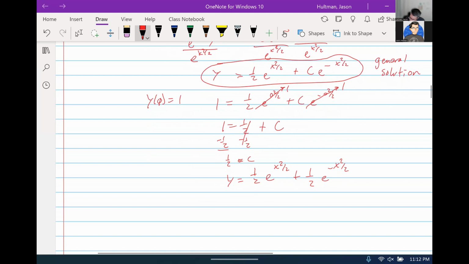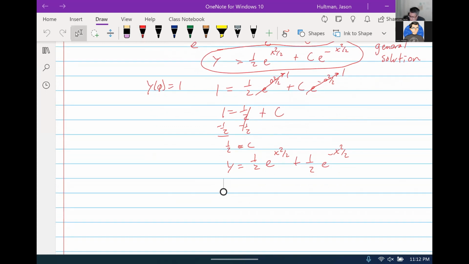That's interesting. Maybe if I write that over a common denominator, you'll see that this is actually a pretty familiar function. So y equals e to the x squared over 2 plus e to the negative x squared over 2, all over 2. And this is actually the hyperbolic cosine function.